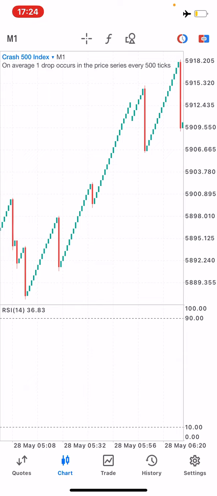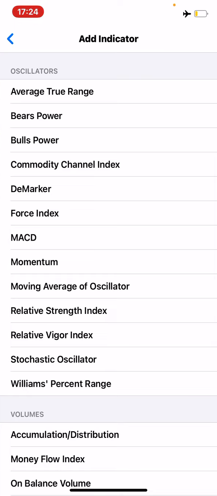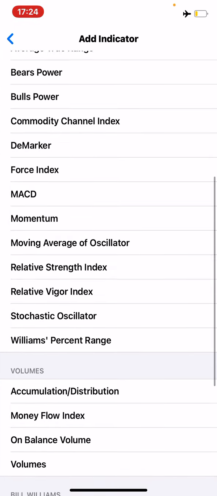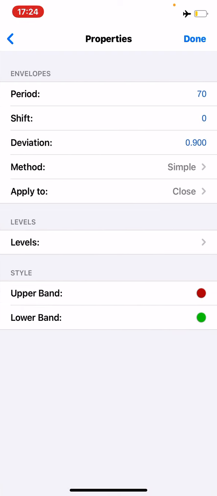The next indicator that you're going to need is called envelopes, and it is going to go under indicator window 1. So we're going to click on indicator window 1, and then we're going to choose envelopes. So I'm going to look for envelopes, which is right here, and it is going to have the following settings: a period of 70, a shift of 0, a deviation of 0.9, a method of simple, apply to close, no levels, and then the styling on the bands.